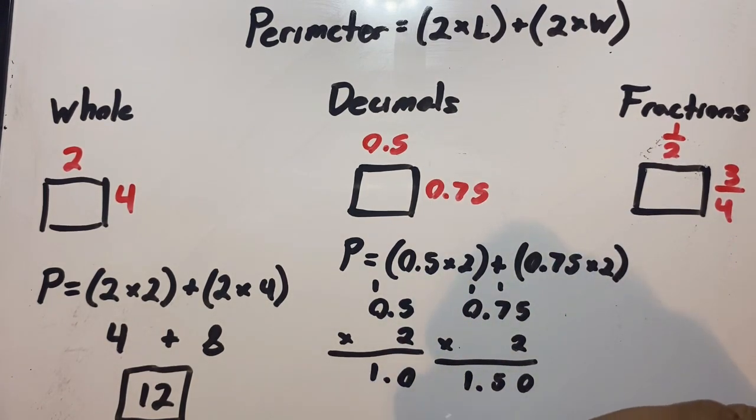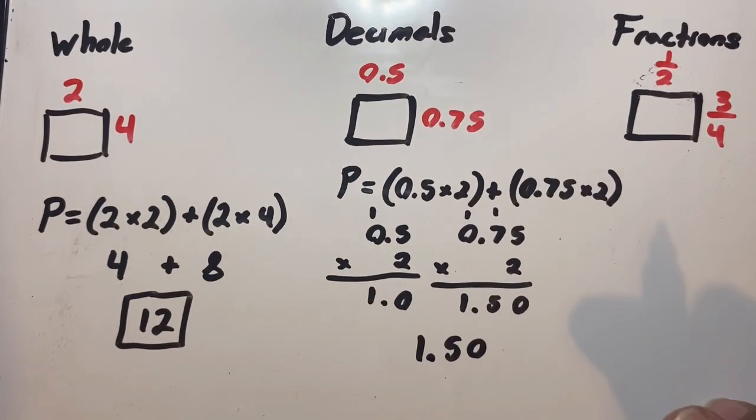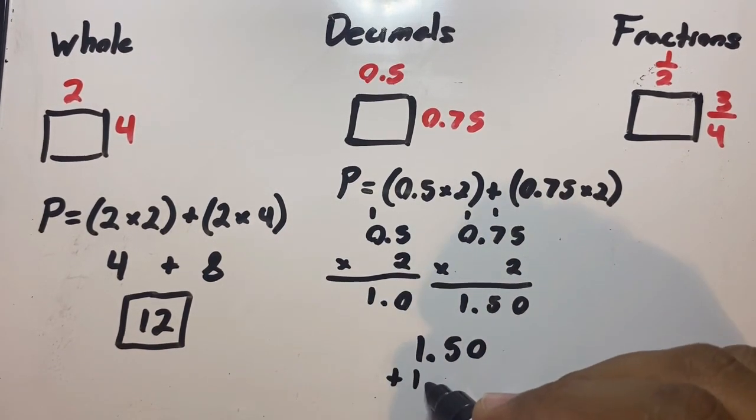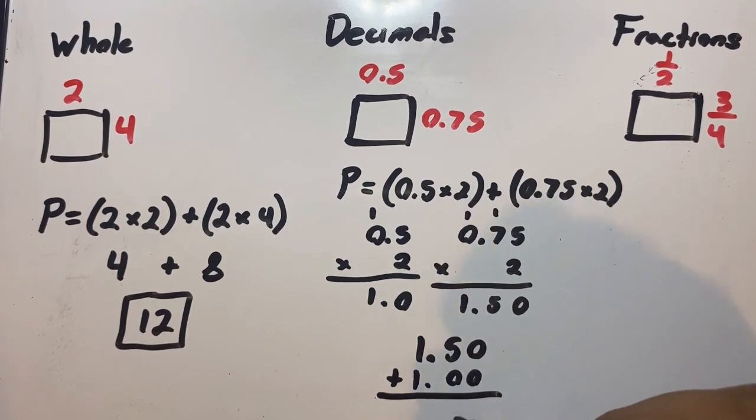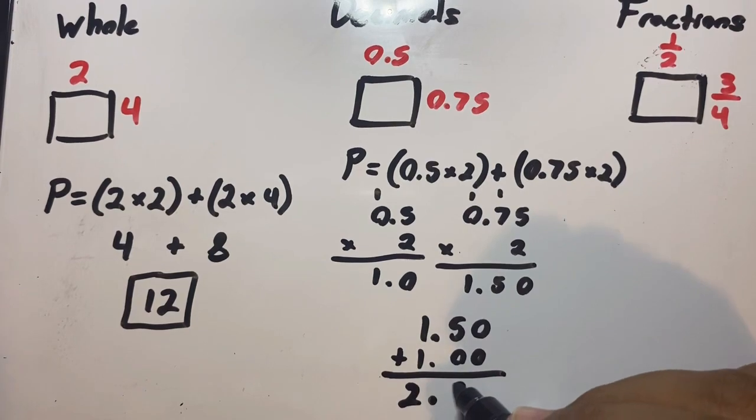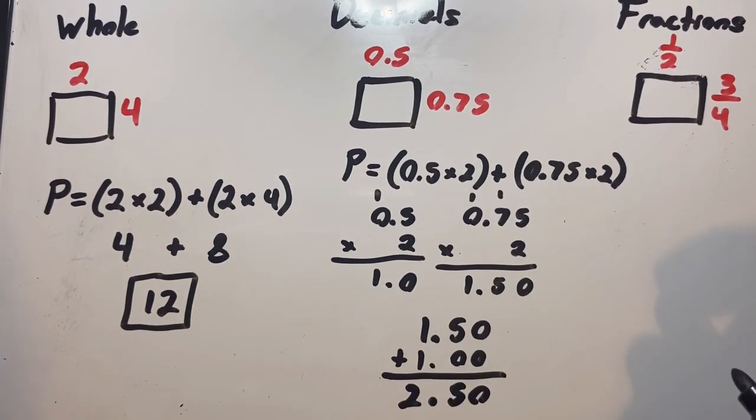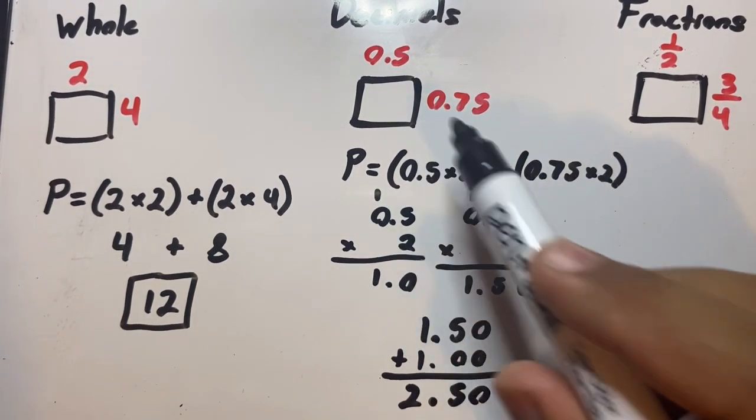So now we will add 1.5 plus 1.0, and the answer would be 2.5. So that is the perimeter of this square with decimals.